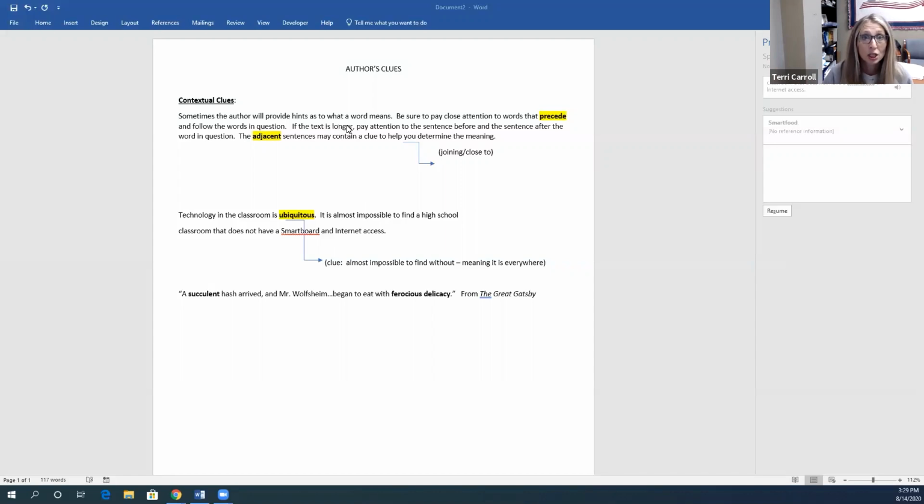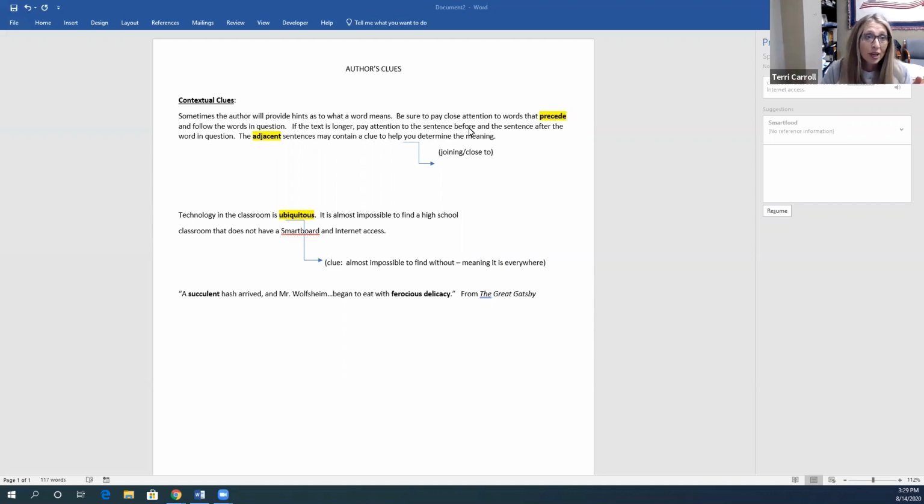If the text is longer, pay attention to the sentence before and the sentence after the word in question. The adjacent sentences may contain a clue to help you determine the meaning. Well, okay, so let's say we don't know what the word adjacent means. Well, let's look at what the author has said in the previous sentence. Pay attention to the sentence before and the sentence after.